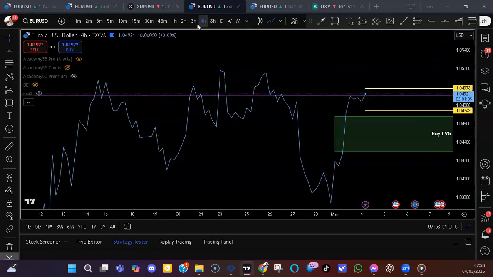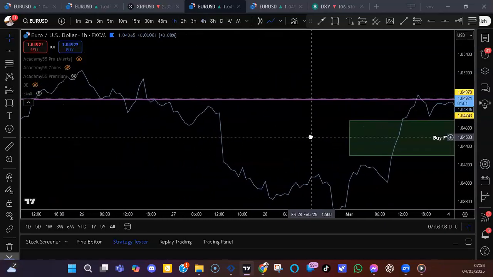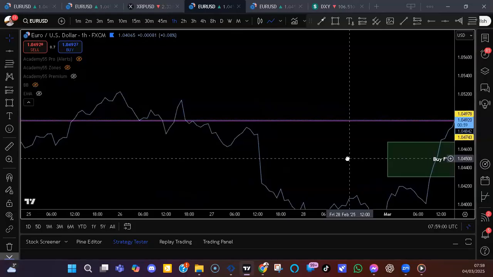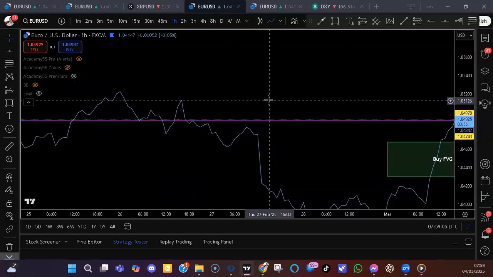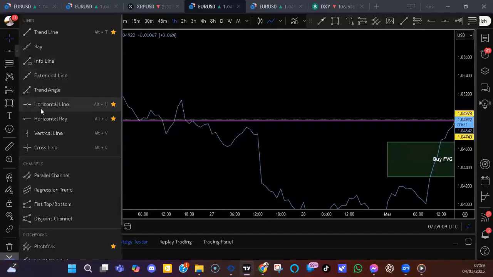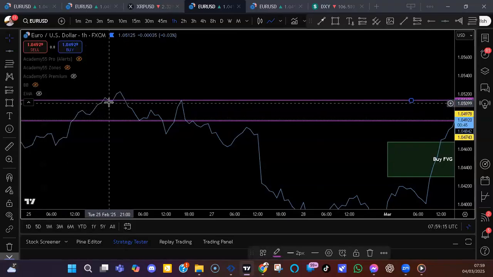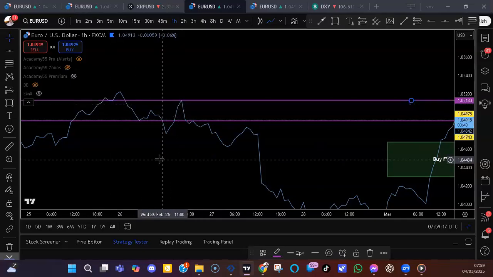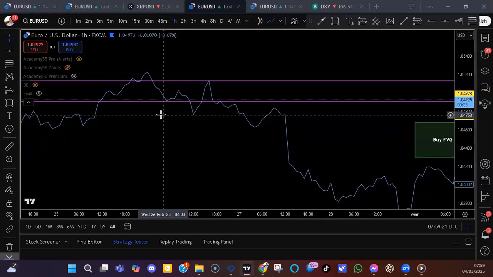Let's drop down to the hourly. Here is an important area as well, and touch there, and just here is an important area.